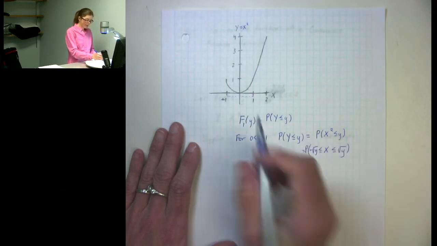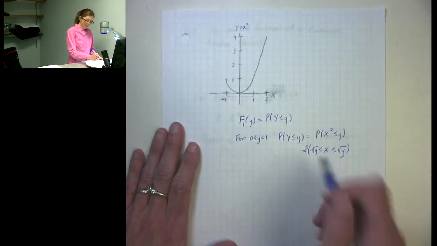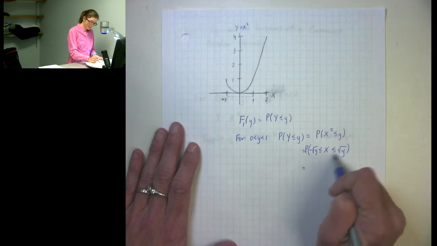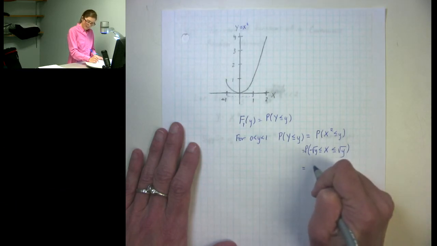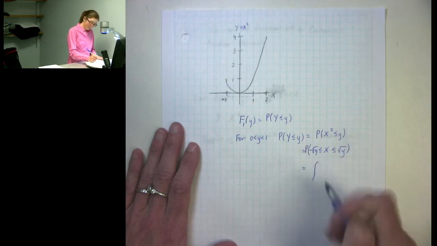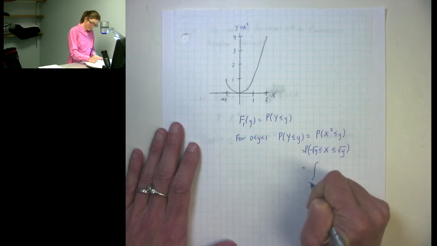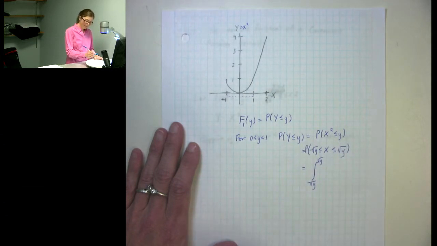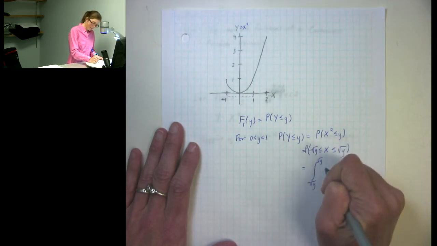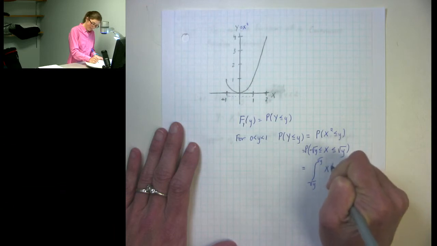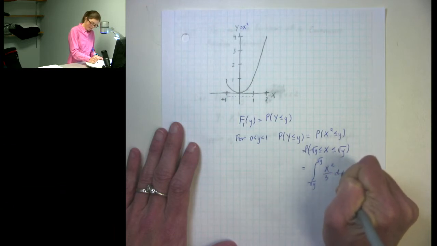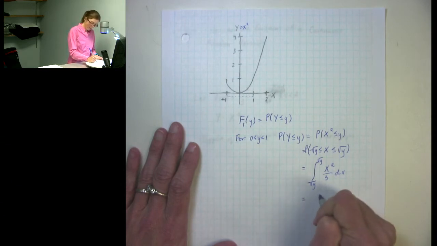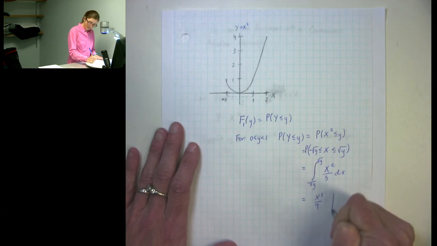Now I can find this using the cumulative distribution function of x. The probability that x is between these two values is going to be the integral from the lower limit to the upper limit of my probability density function, x squared over 3 dx, which if I do my integration gives me x cubed over 9.